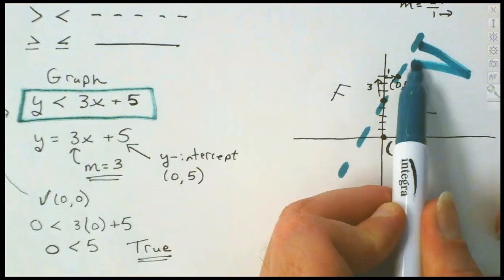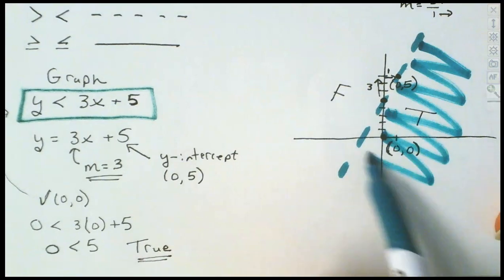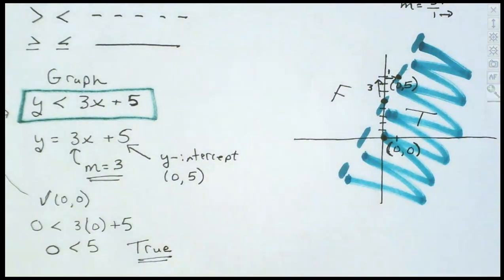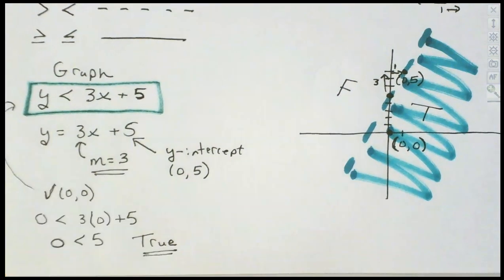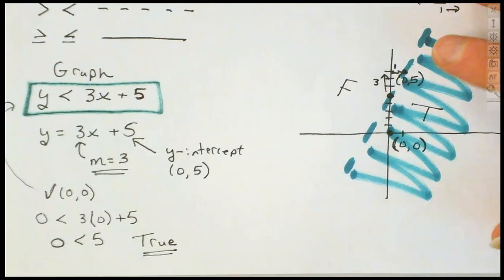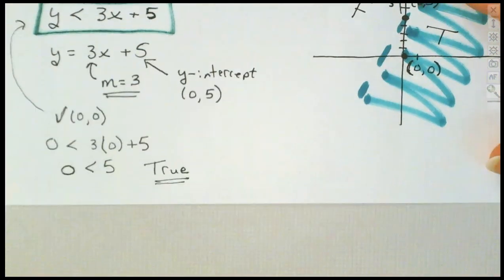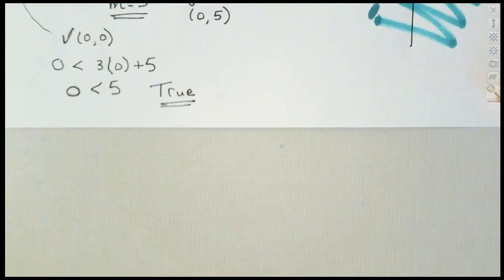It's true below the line. And so there's what our graph looks like. It's a dotted line shaded below. And once you get the hang of it, these are very, very simple compared to the last section.